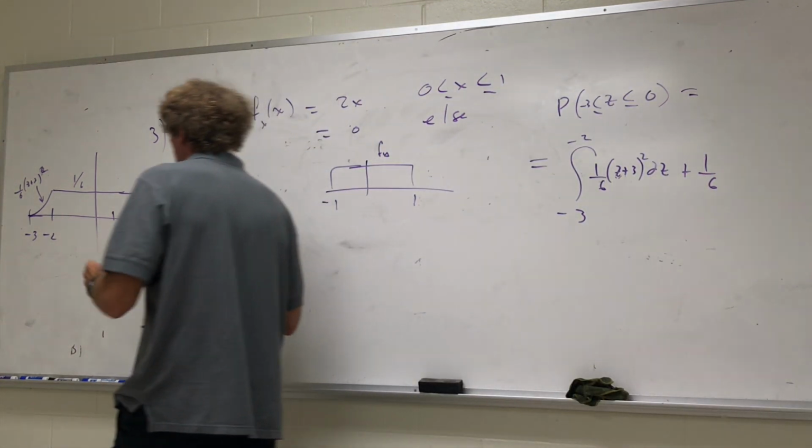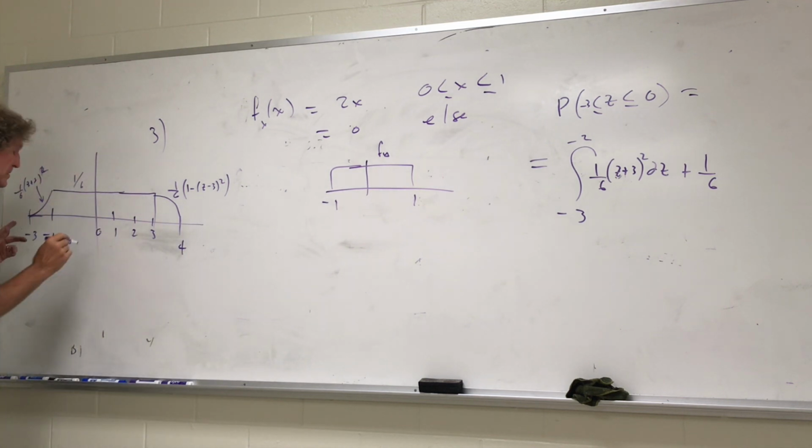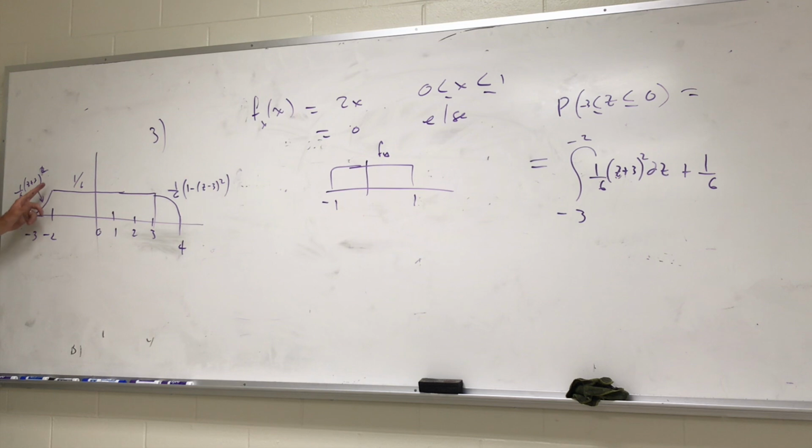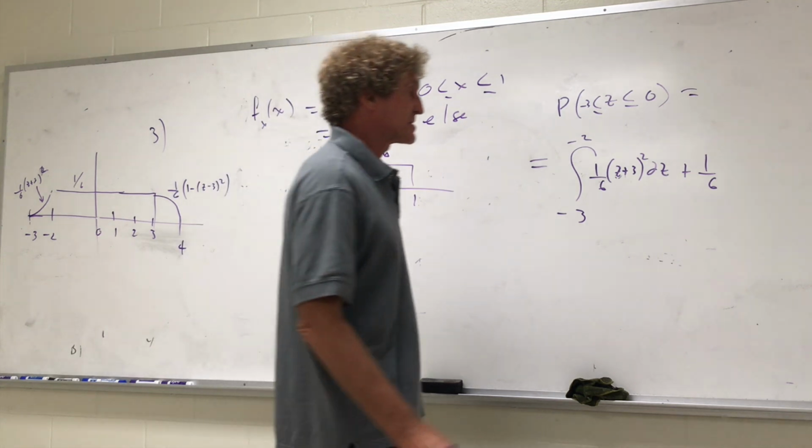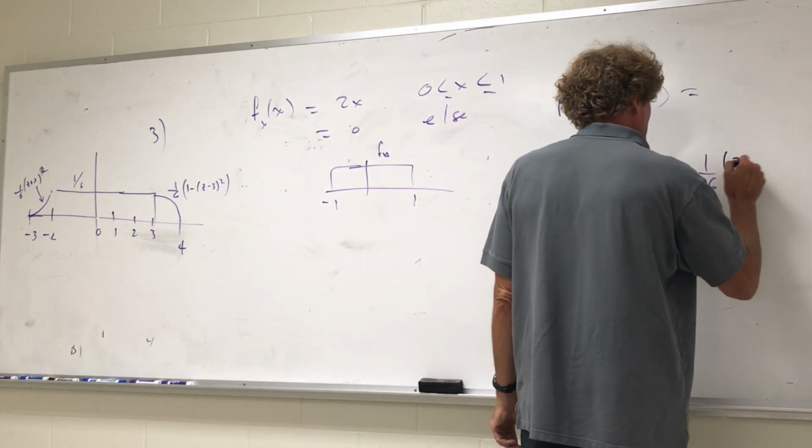Follow me? I want it to 0, right? The probability z is less than 0. This is a density function. So I integrate from here to here, and then I integrate from here to here. Integrating from here to here is just the height, 1/6 times the width, which is 2, or 1/3. I'll put that down. It's going to be plus 1/6 times 2.